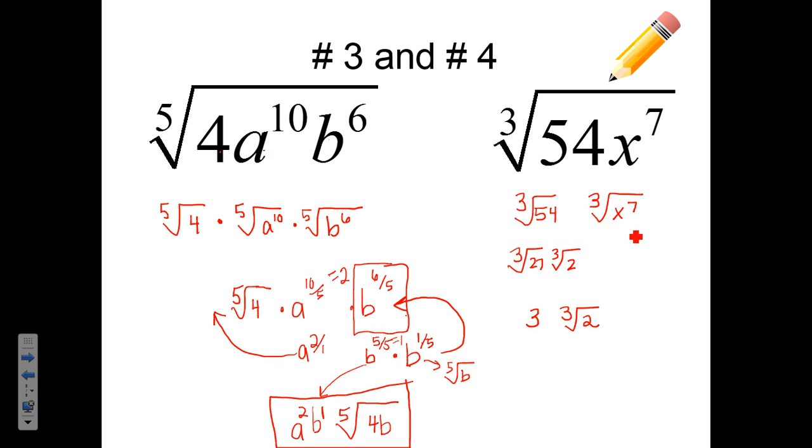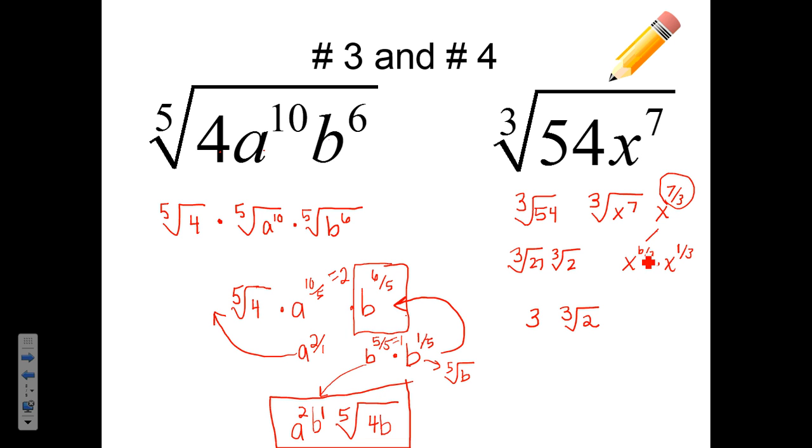Now I'm going to talk about the cube root of x to the 7th. Let's rewrite that in rational form, which would be x to the 7 over 3. Now, again, if we think about our exponent rules, isn't that the same thing as x to the 6th over 3 times x to the 1 over 3? Adding those exponents, I would get 7/3.